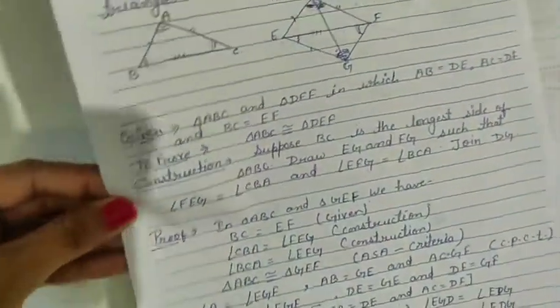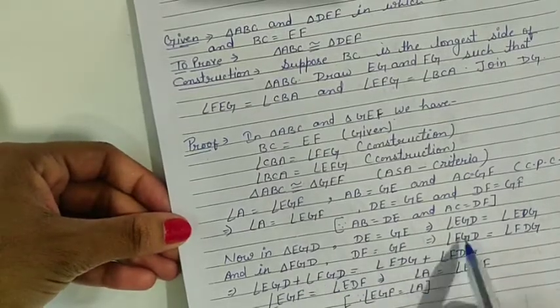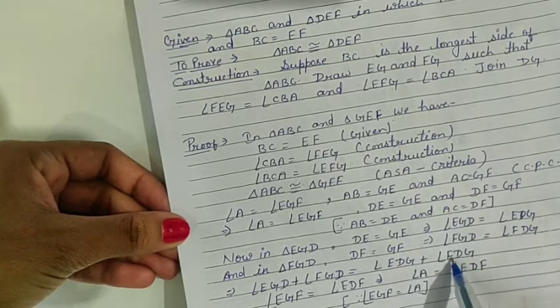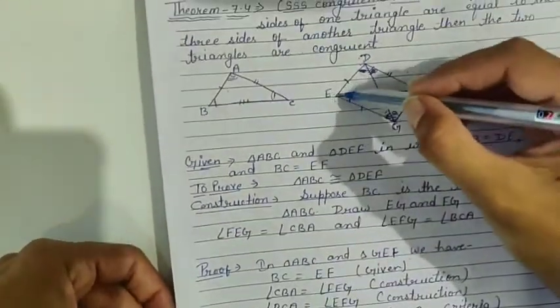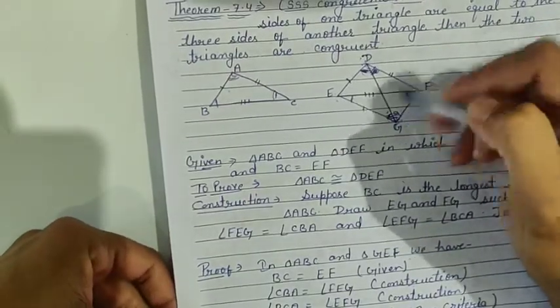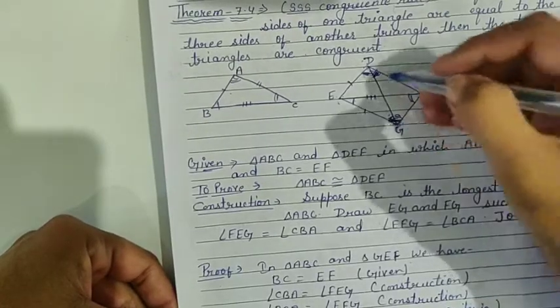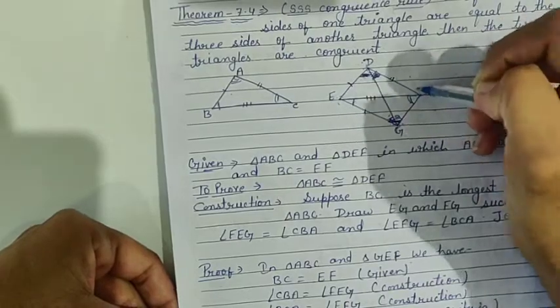Now by adding these two equations, angle EGD plus angle FGD equals angle EDG plus angle FDG. So angle EGD plus angle FGD equals the whole angle EGF, and angle EDG plus angle FDG equals angle EDF.